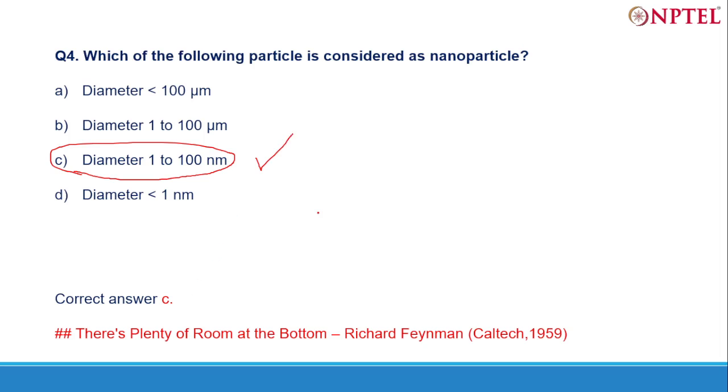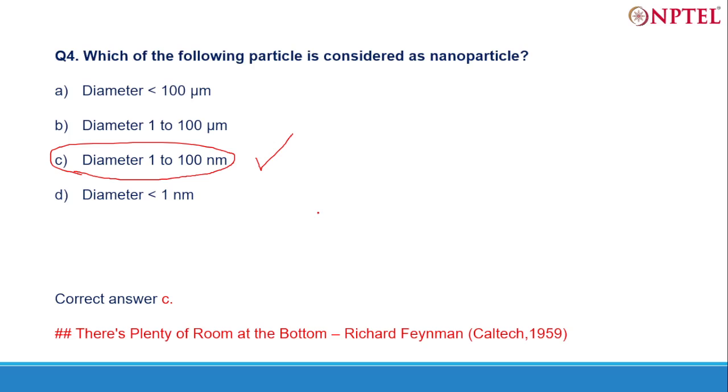Let me tell you an interesting story regarding this. This story is about Richard Feynman, who was delivering a lecture in the year 1959 at Caltech. There was a famous speech of his, in which he mentioned that there is plenty of room at the bottom.